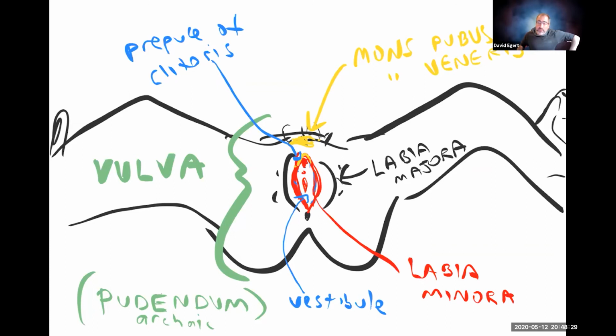So just like the glans penis, the head of the penis, had a prepuce, a little skin covering over it, the head of the clitoris has the same thing. The clitoris itself is homologous basically to the glans of the penis.